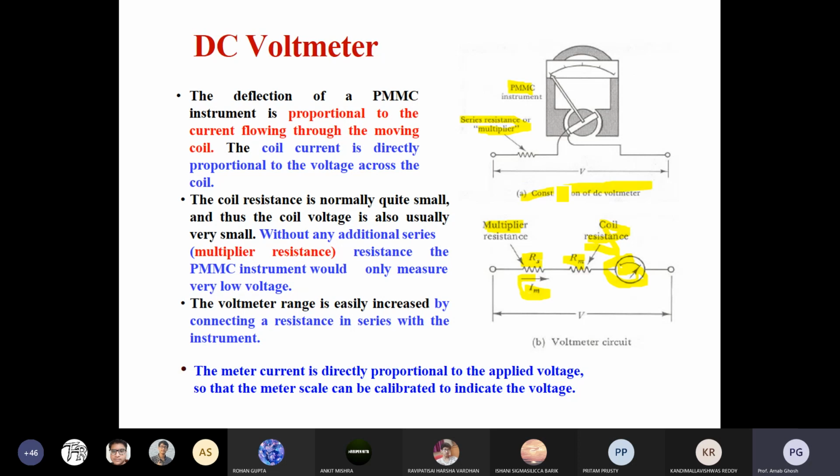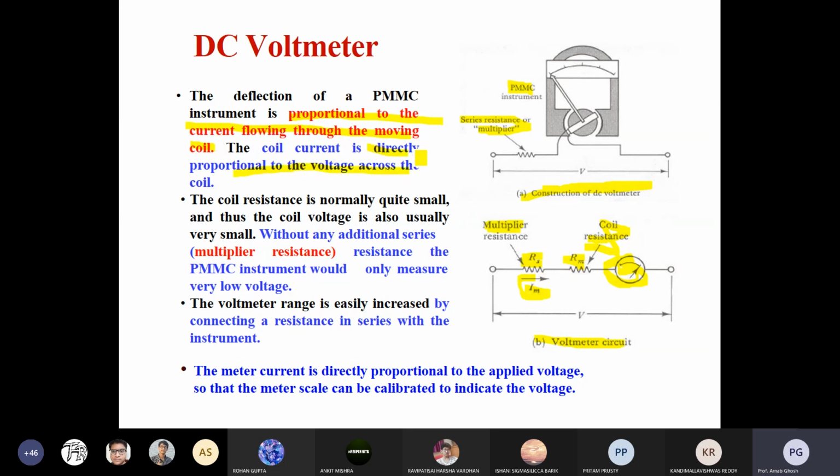The deflection of the PMMC instrument is proportional to the current flowing through the moving coil, as you can conclude from previous studies and numerical problems. So V equals I into R. If the current is proportional, the voltage is also proportional. The coil current is directly proportional to the voltage across the coil.